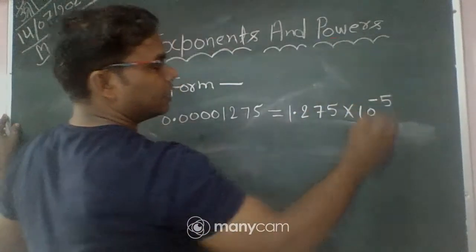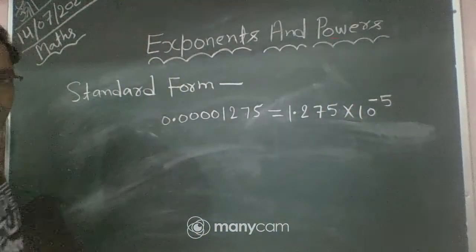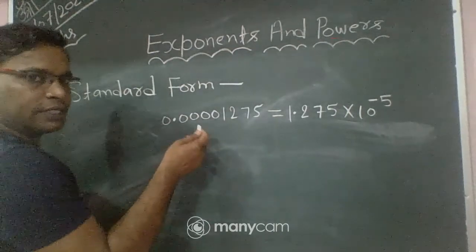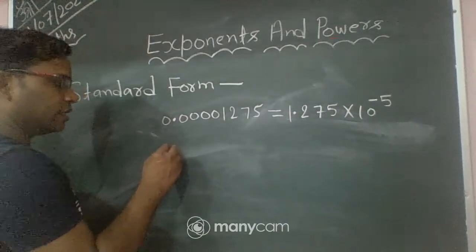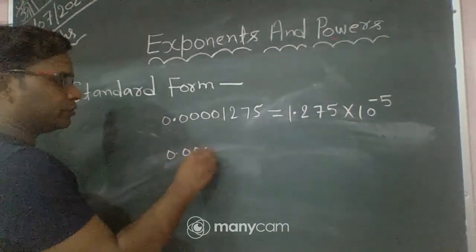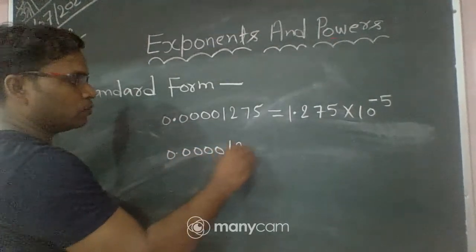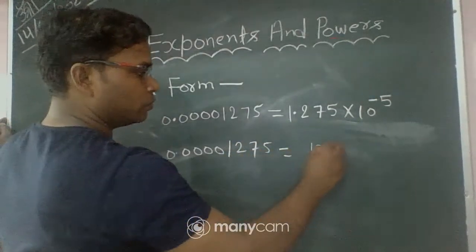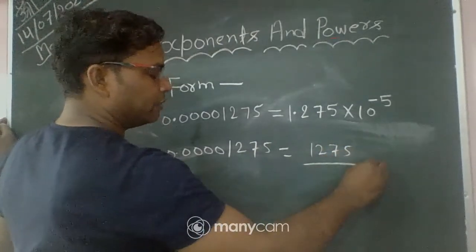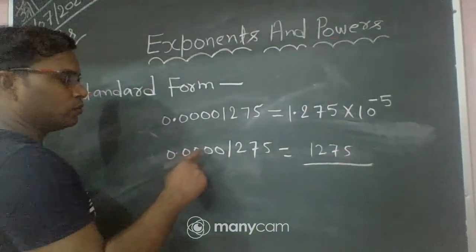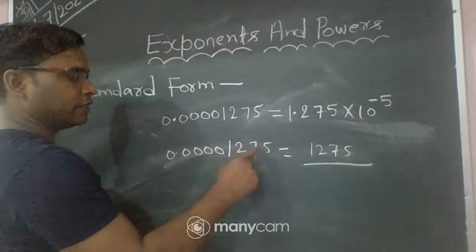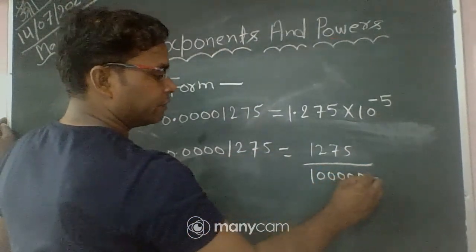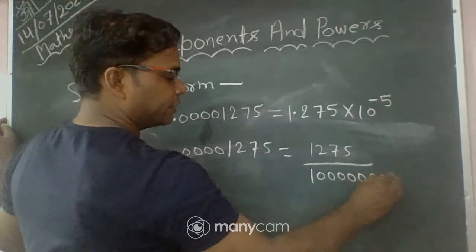And when the decimal moves to the left, the power of 10 is plus. You can also write this number like this: 0.00001275 is equal to 1275 divided by 1 followed by 8 zeros.